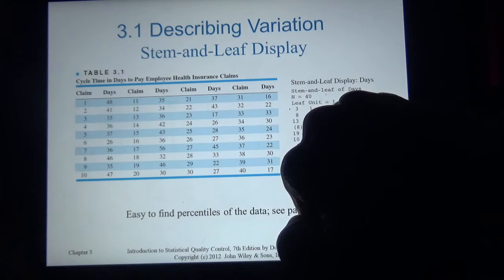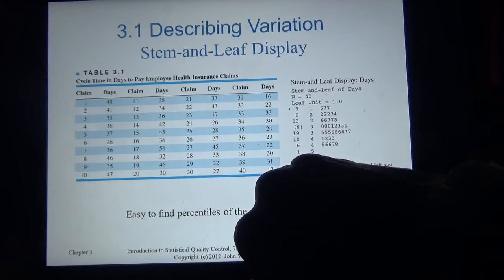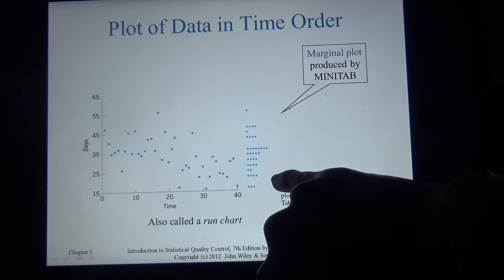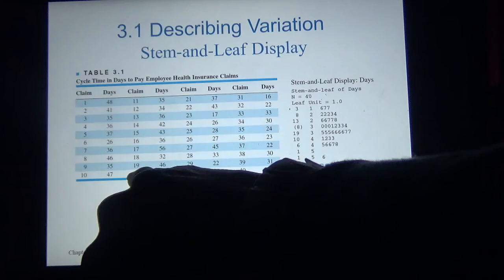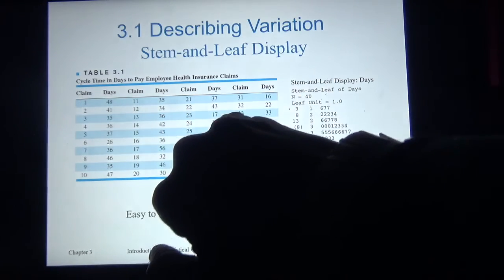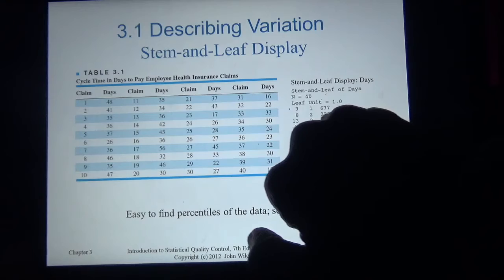We have 7 7, which means that we have 17 and 17, so we have two 17s. There's 17 here, and there was another 17 here. So there are two 17s.